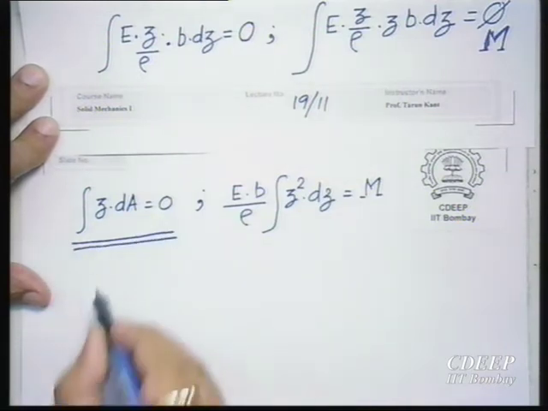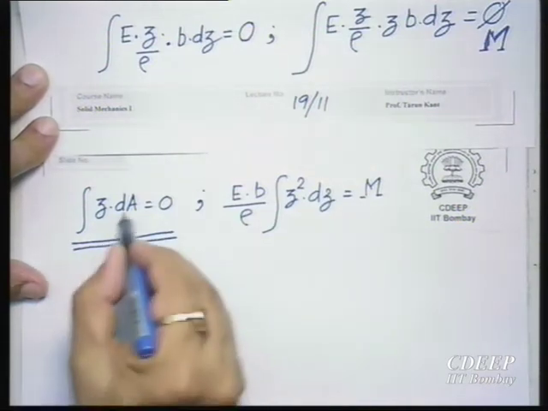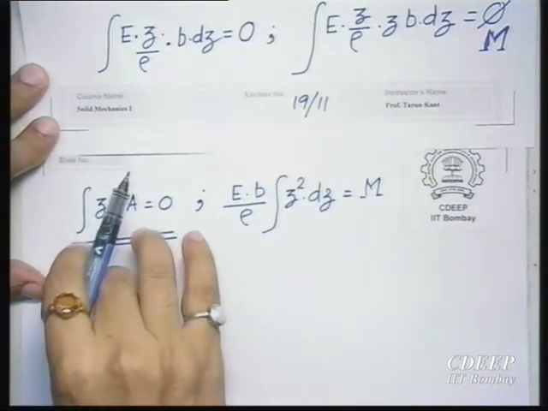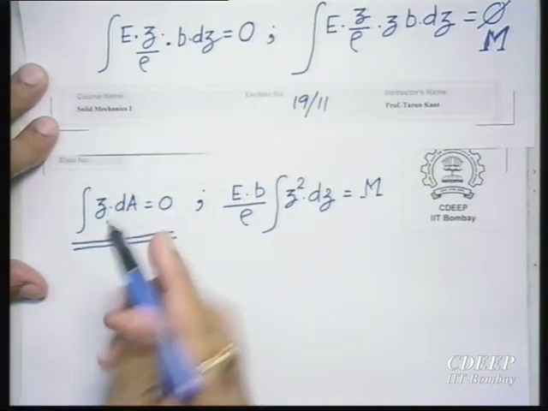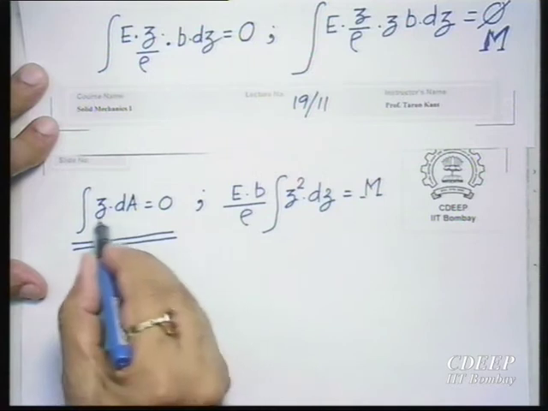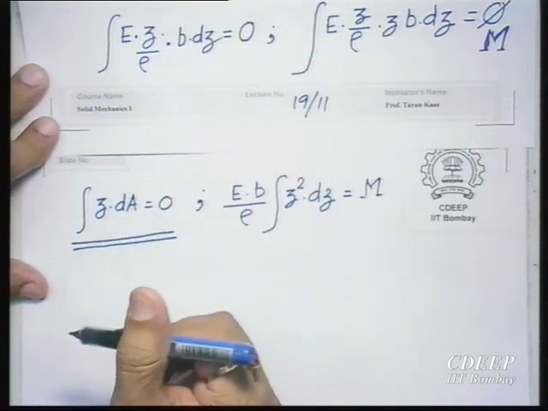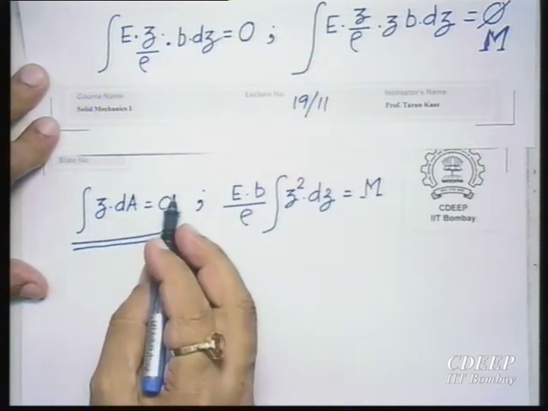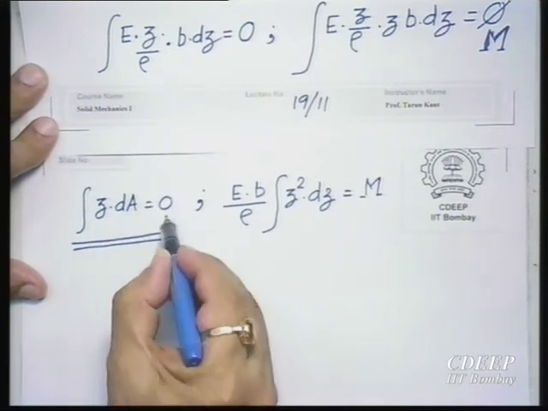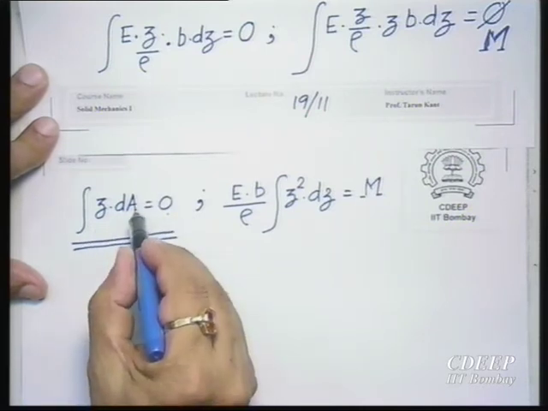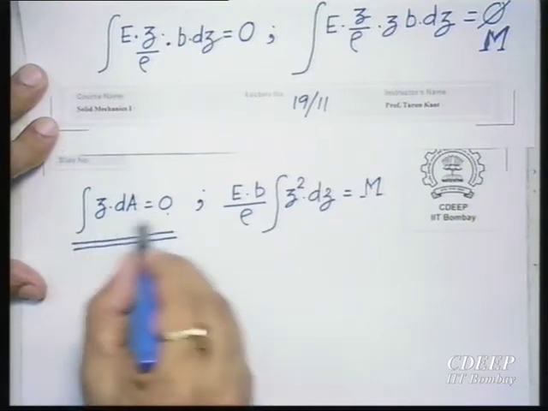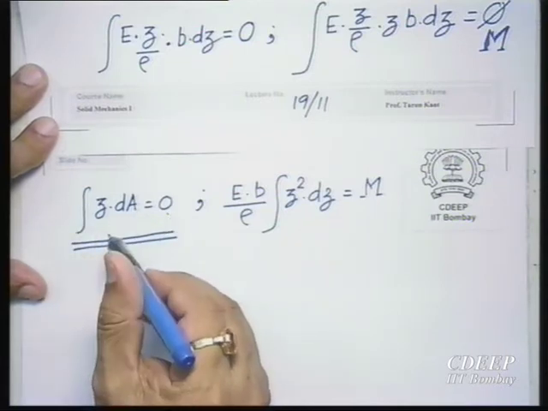If you have an area multiplied by z, you are taking a moment, divided by the area, that gives you the centroid.